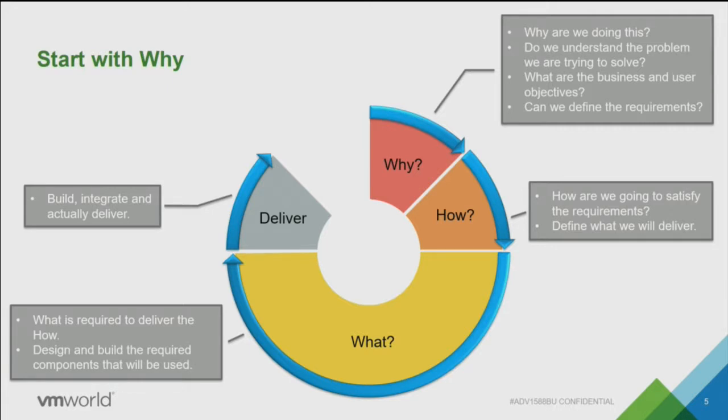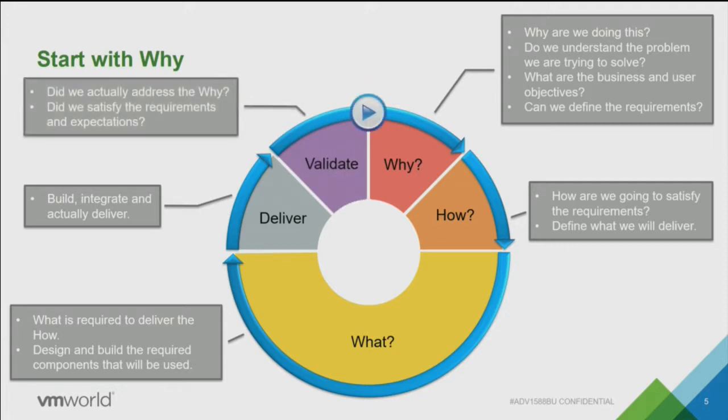And the last step in the circle: let's validate it. Let's make sure we met the requirements. Did we fulfill the business need? Did we meet the requirements that all the use cases and the users needed? And if not, let's go back around the circle, tweak it, change it, and get to a solution that actually works.